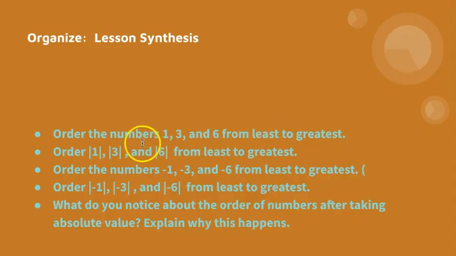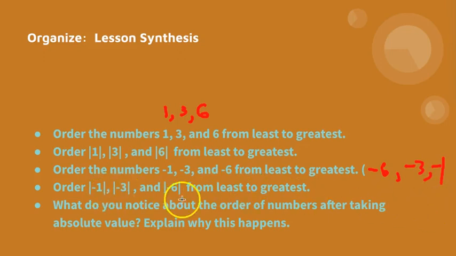All right, let's try and wrap up here real quick. If we ordered the numbers 1, 3, and 6 from least to greatest, it would just be 1, 3, and 6, right? What if we order their absolute values? Yeah, it's still going to be 1, 3, and 6. What about if we put -1, -3, and -6 from least to greatest? Yeah, it's going to be -6, -3, and -1, right?